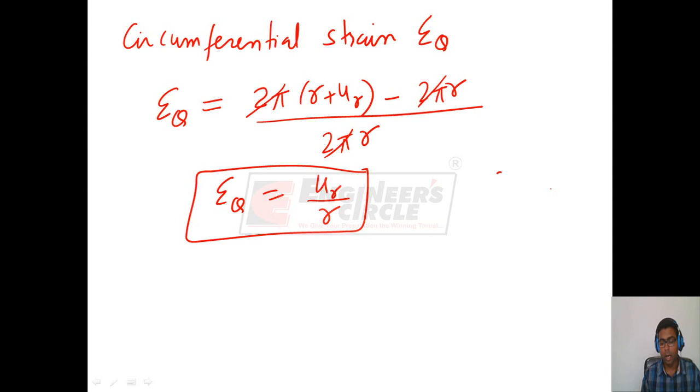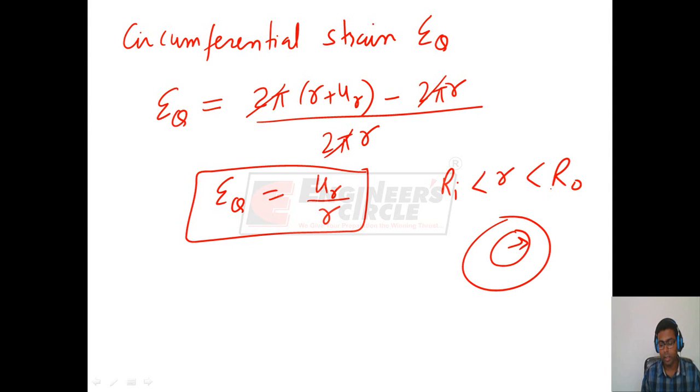Now we know that r lies between ri to r0, because this is the cylinder, the inside radius is ri, the outside radius is r0, and this is some r. So r will be lying from ri to r0. But since ri is almost same as r0, that is, there is not much difference between ri and r0, because thickness t of the cylinder is very small, therefore we can say that ri is approximately equal to r0 is approximately equal to r, because r lies between ri and r0.